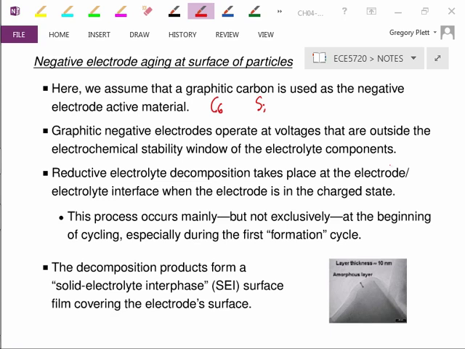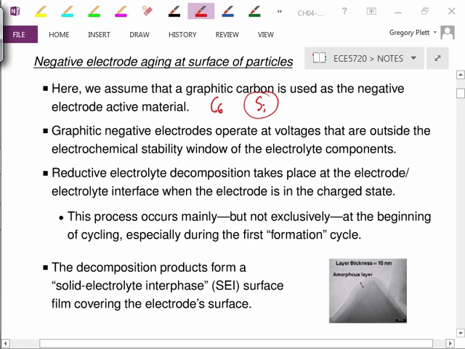However, silicon has vastly different aging properties that have not been solved yet, and so silicon is not being used in any commercial product that I'm aware of, because it ages very quickly. Another possibility for a negative electrode is lithium titanate oxide. It has the disadvantage that it's a fairly high voltage material. It's about 1.5 volts, whereas carbon is about 0.1 volts. And remember that cell voltage is equal to positive electrode voltage minus negative electrode voltage.